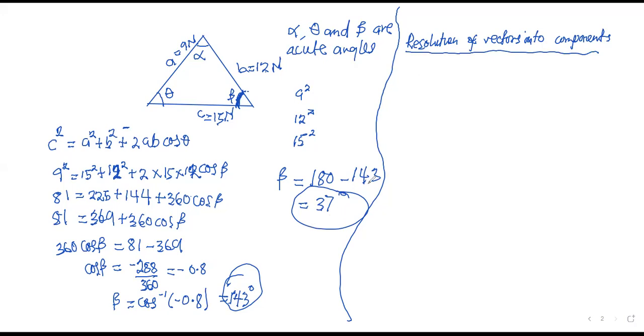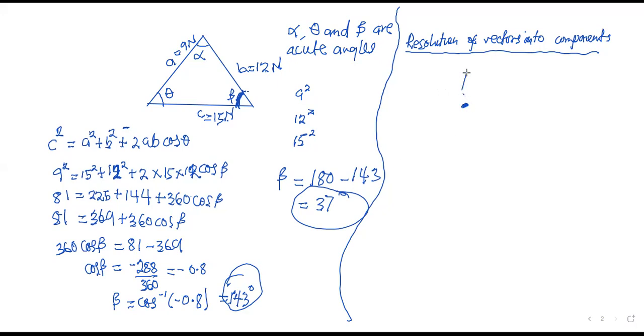Now, the cosine rule and the sine rule are limited. The limitation is that you can only apply them to two forces or two vector quantities, then resolve them into a triangle or a parallelogram to find the resultant. If you are given three vector quantities that act at various angles, you cannot use the cosine rule or the sine rule.